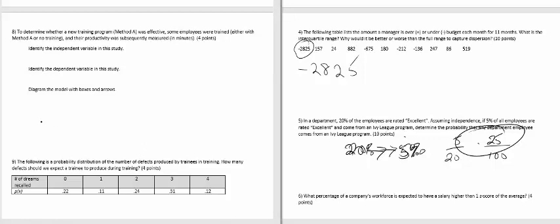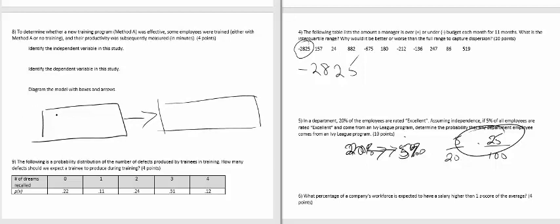Okay, so let's draw the model, because models are helpful. I mean, it's a visual representation. So what are we saying here? We're saying depending on the training method, you'll have a different effect on what? Productivity. Good. That's your model.